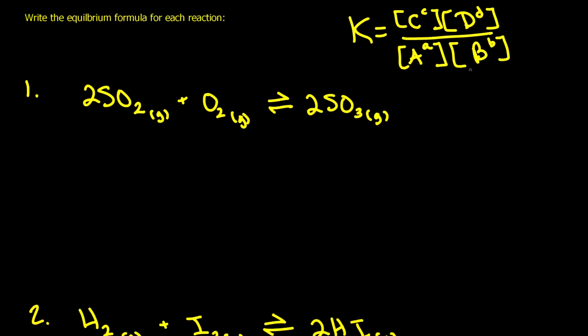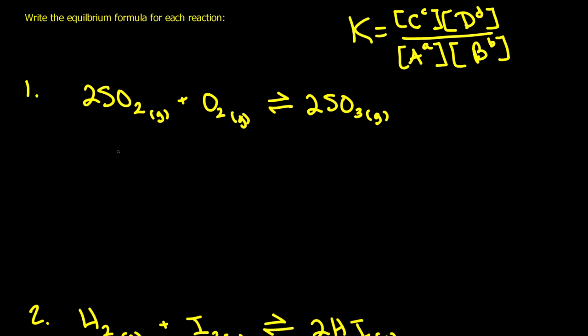Now not all 4 of those cells will necessarily be present. For instance, this first reaction only has 3 species. My formula has 4 cells. I'm not going to use one of them, and that's fine.